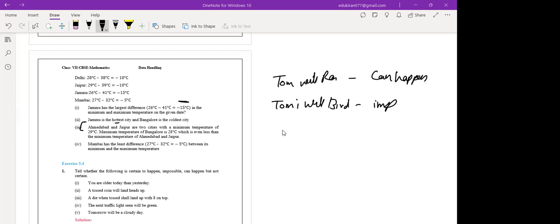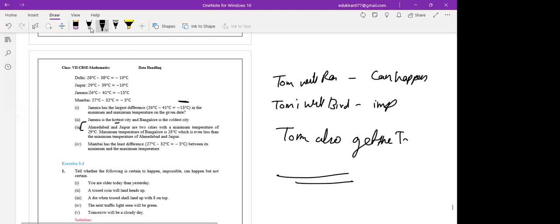Over here, I said tomorrow also you will get the traffic. So this can happen, but not always. Whenever you are going on the road, you are not always getting traffic, right? But you can get it. Not usually, but you can. Clear? Yes, ma'am.